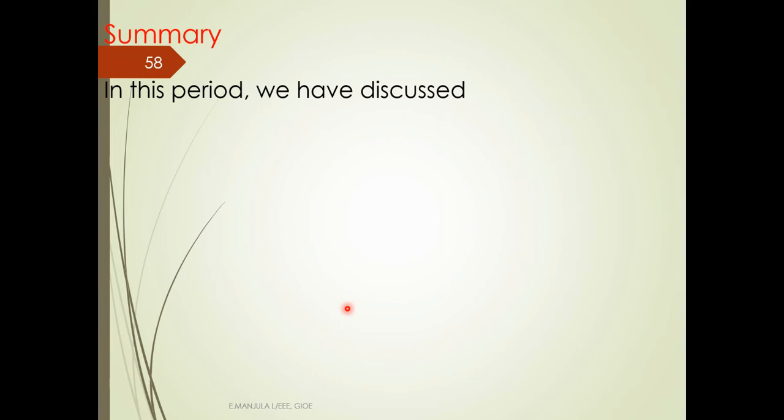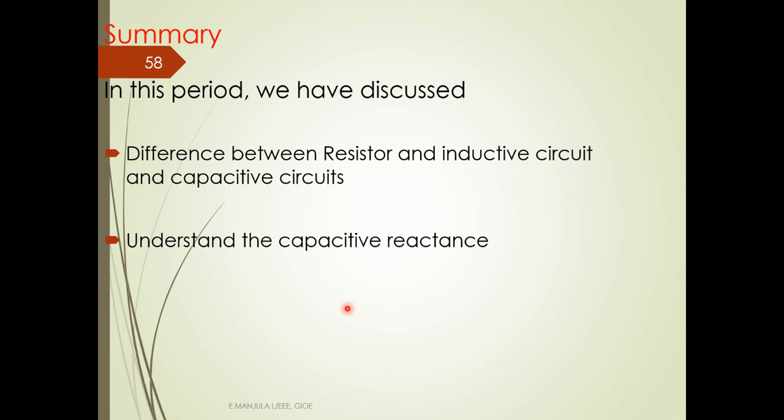So in this session, we have discussed the differences between resistive, inductive, and capacitive circuits. What were the differences? The resistive part will be in phase, while in the inductor the current will lag the voltage by 90 degrees, and in the capacitor the current will lead the voltage by 90 degrees.